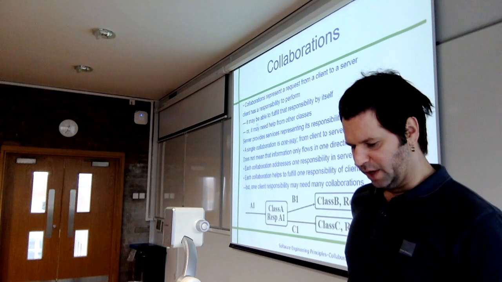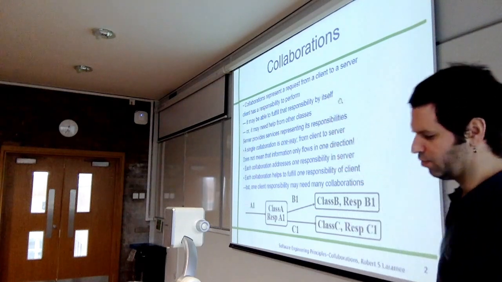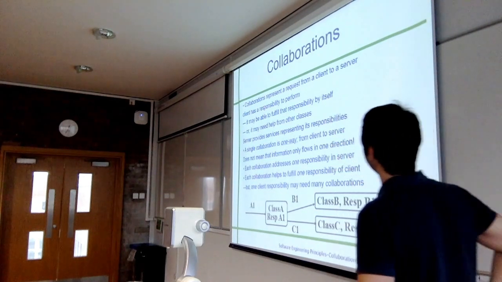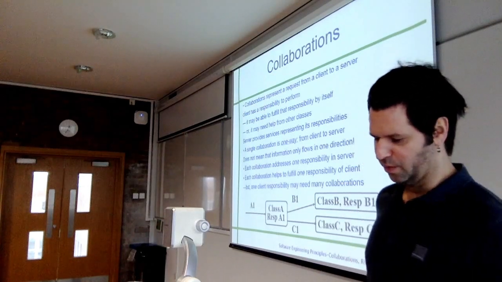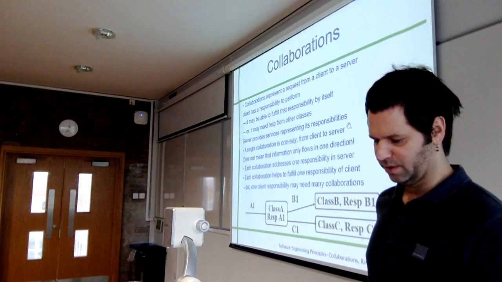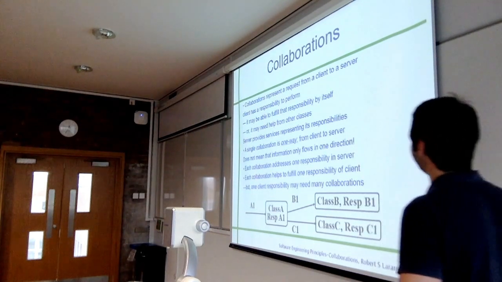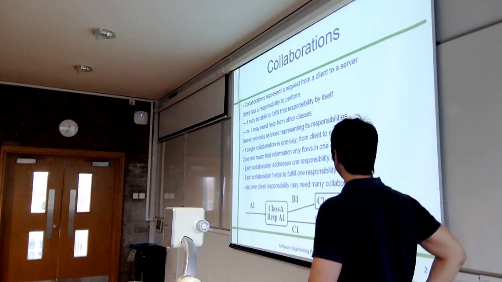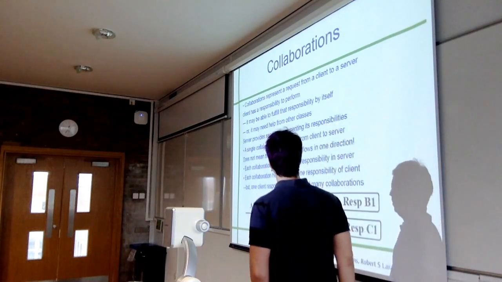So in the case it needs help from other classes, it turns into a client, right? A server provides services representing its responsibilities. A single collaboration is one way from the client to server, but that does not mean that information only flows in one direction.